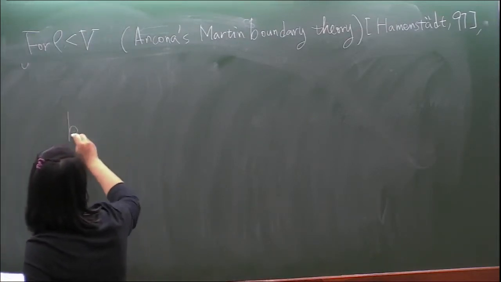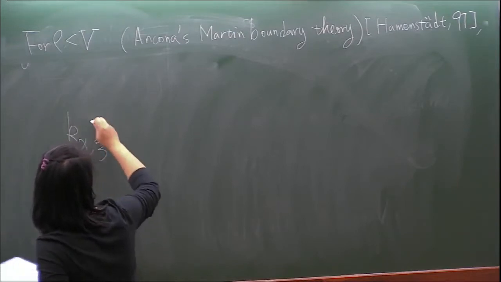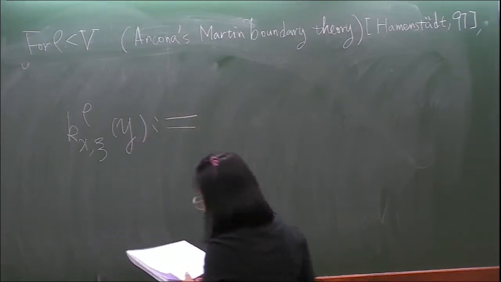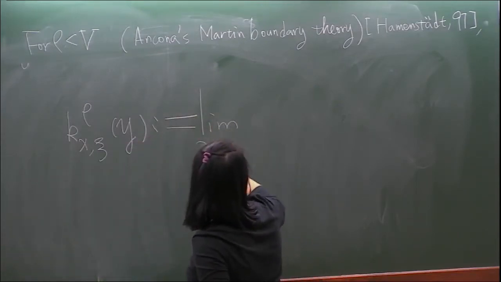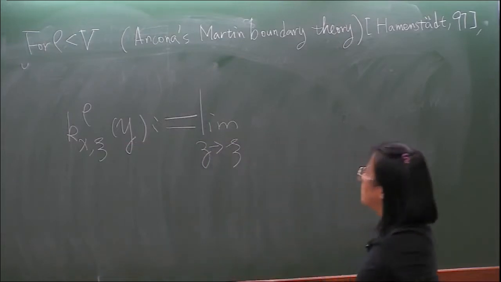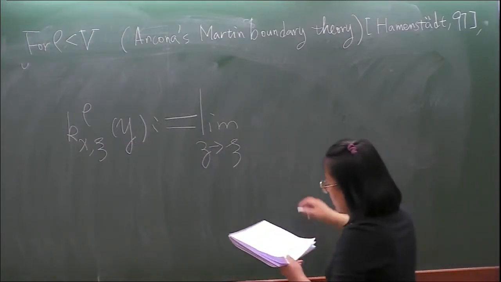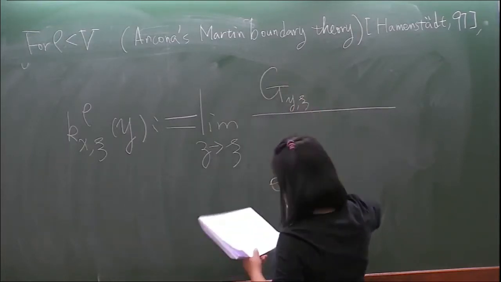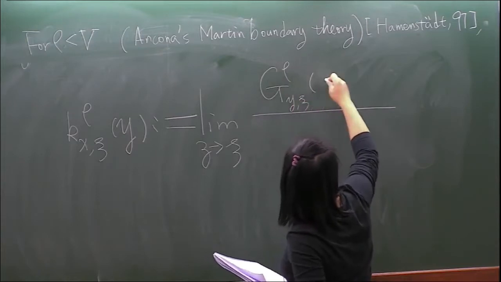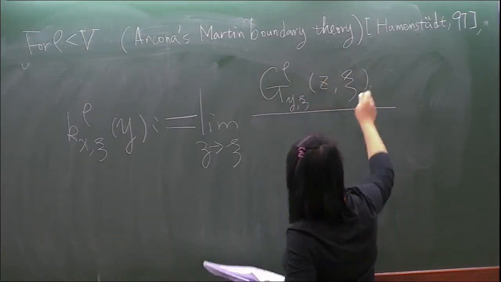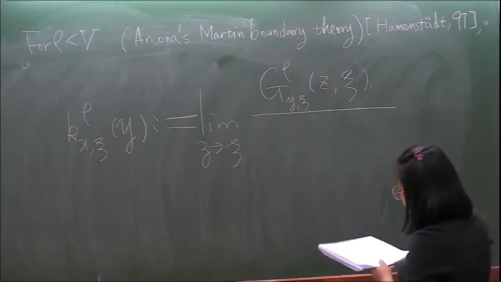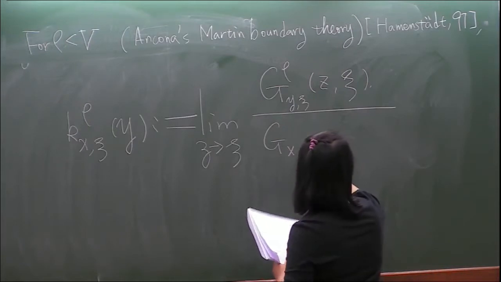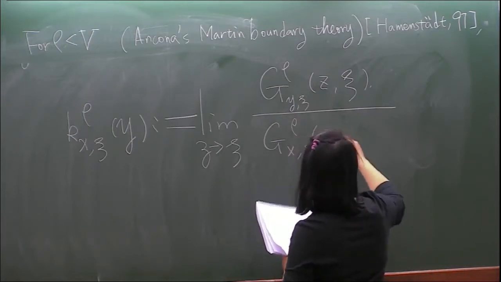So this is the point. Then we can define the Martin kernel for this diffusion. The value of this one is just the limit, that is z goes to c, and you evaluate G rho y c, z c over G rho x c, z c.